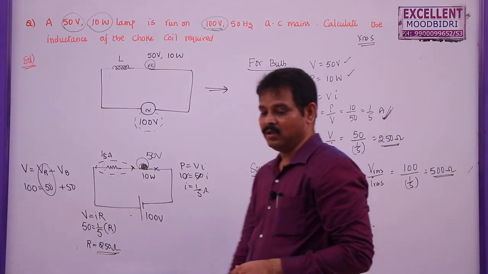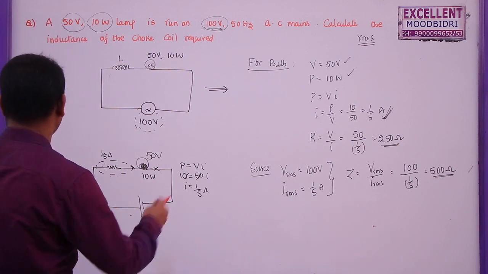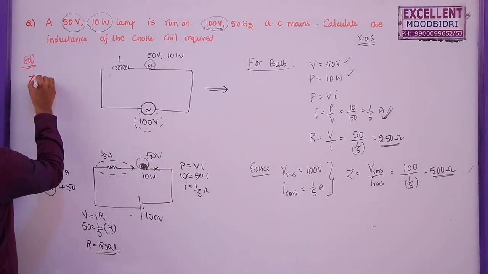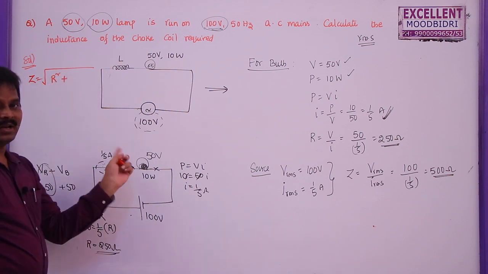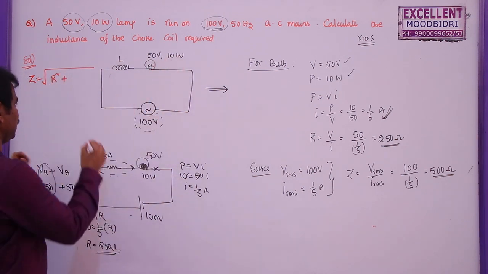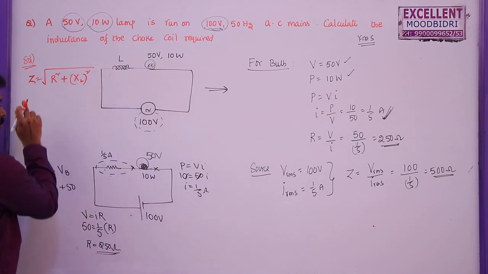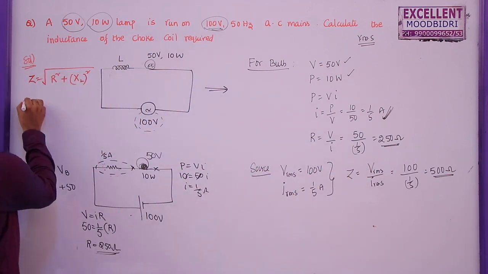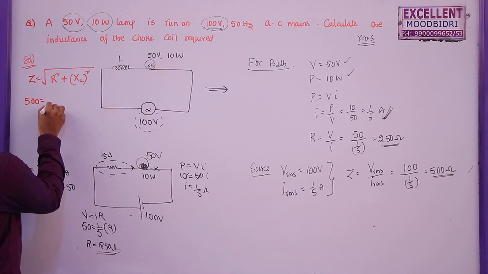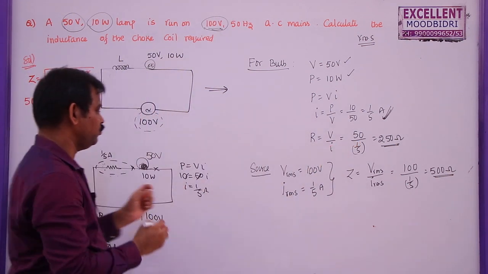We know that the impedance Z is equal to root over R square plus (XL minus XC) whole square. Here there is no capacitor. That's why we can write XL whole square. What is Z? The impedance of the circuit, just now we found this as 500. What is R? The resistance of the bulb, which we obtained here. This is 250 ohms.